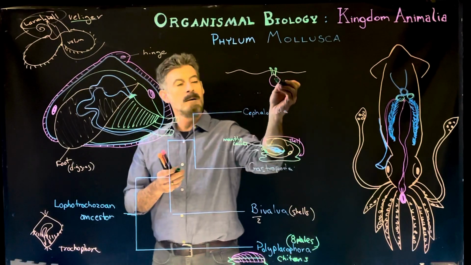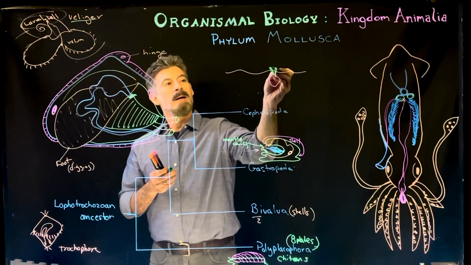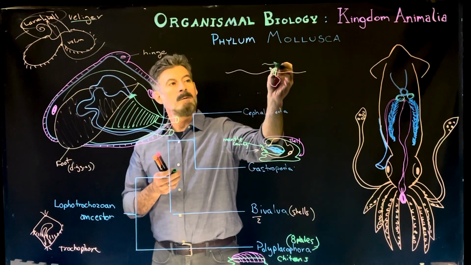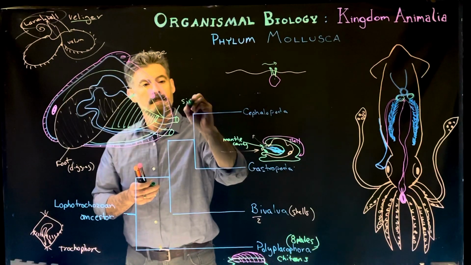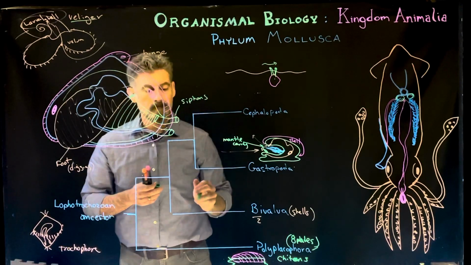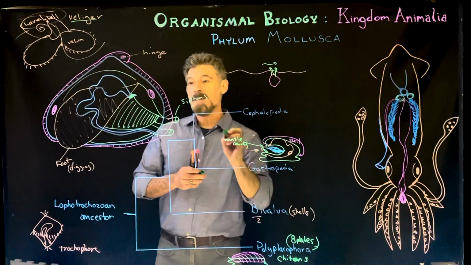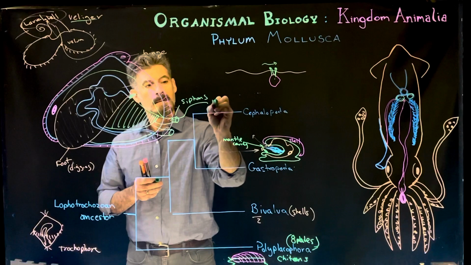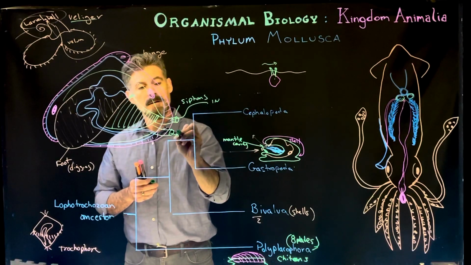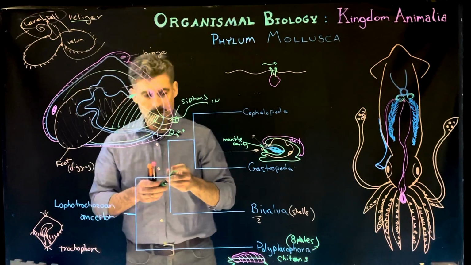and then what it has sticking up from the animal's body into the water, so this is water kind of flowing up here, are these two siphons. One siphon is an in-current siphon, bringing water in, and the other siphon is an out-current siphon, pushing water out.